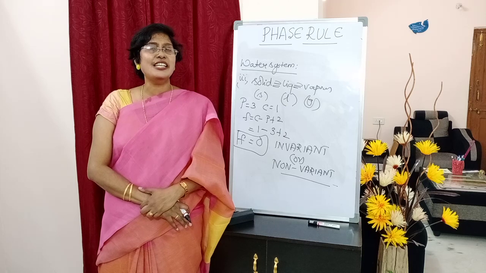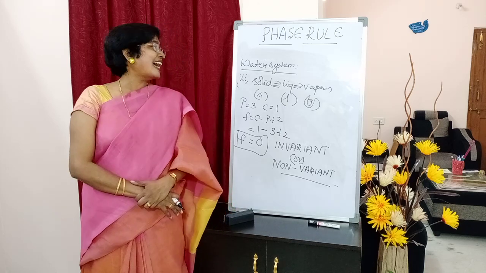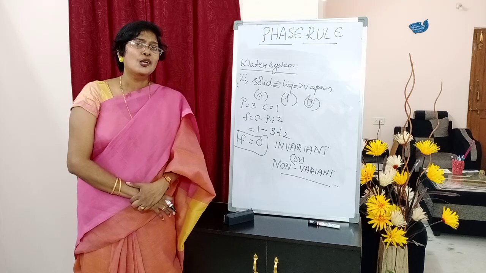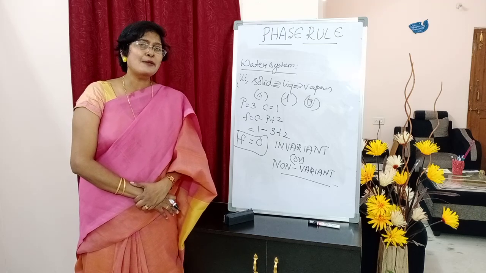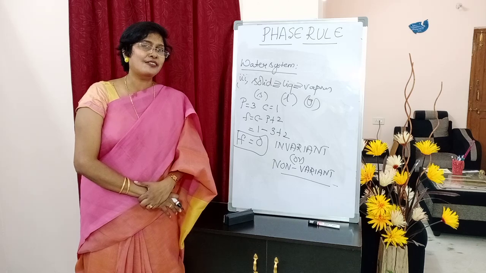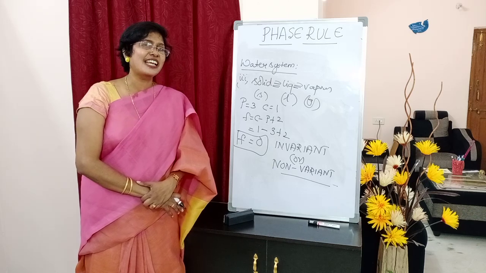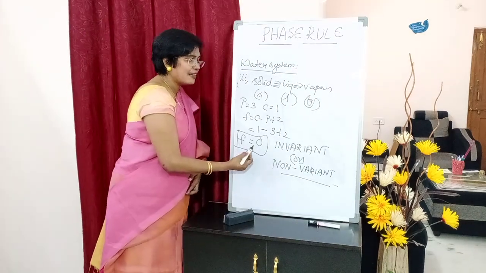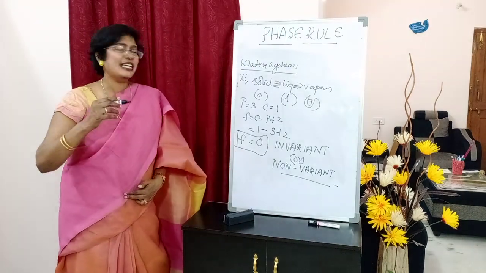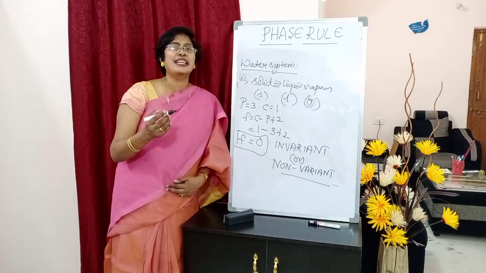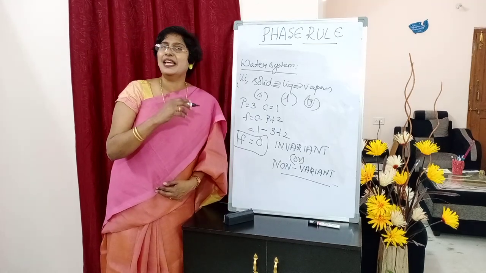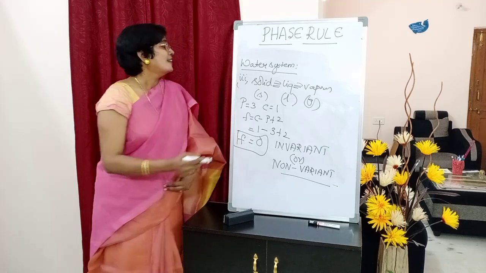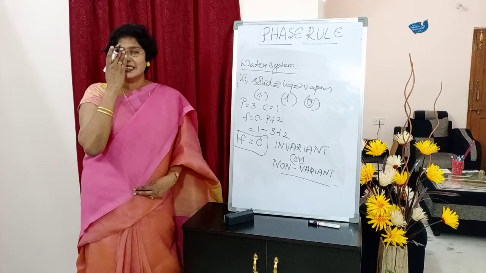If you try to change any of these factors, that equilibrium will be disturbed. Okay. So it has only one temperature and one pressure value. Those values I will be telling in the next class, that is water system. Okay. So here write down, for F is equal to 0, the system is invariant or non-variant. Changing the values of any of the two factors changes or disturbs the number of phases present at equilibrium.